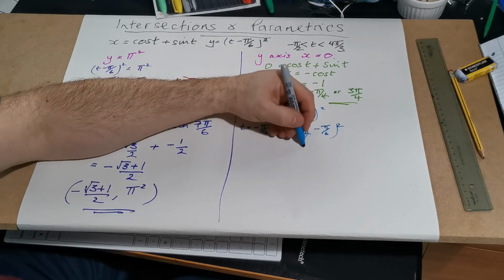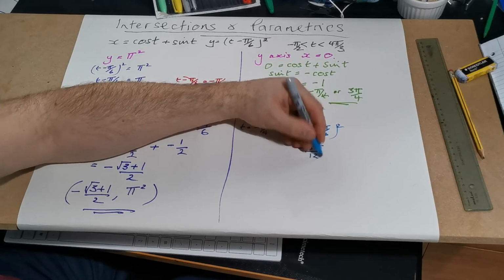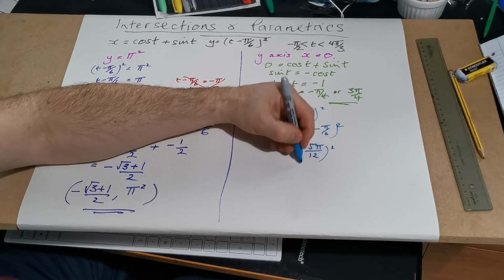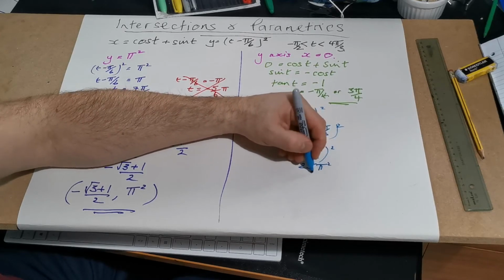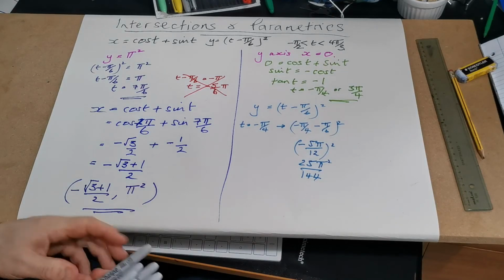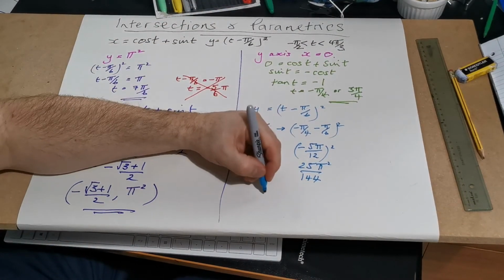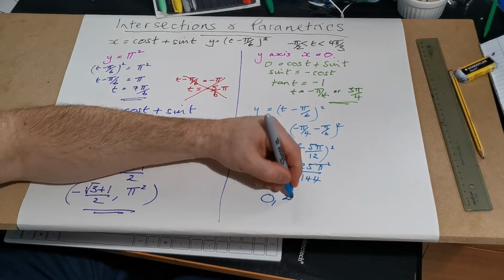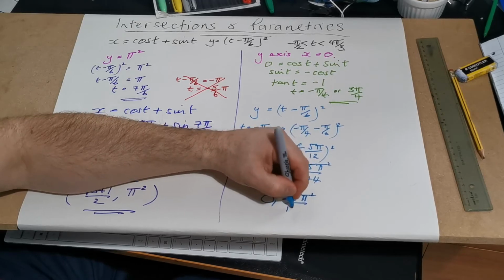So that's (minus 5 pi by 12) squared, which is 25 pi squared over 144. So my first point, we know that x is equal to 0 and the y is 25 pi squared over 144.